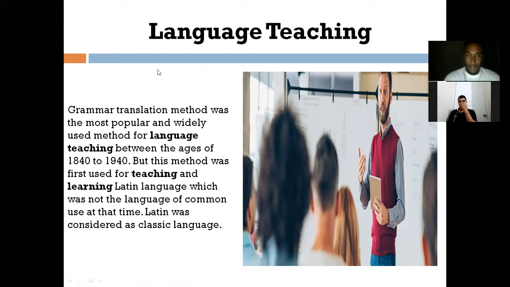And we're getting to language teaching. We already know language teaching is the way to learn a second language. For example, to know a different language, you have to know that it is composed of grammar, vocabulary, pronunciation, and all the things that a language is related to.